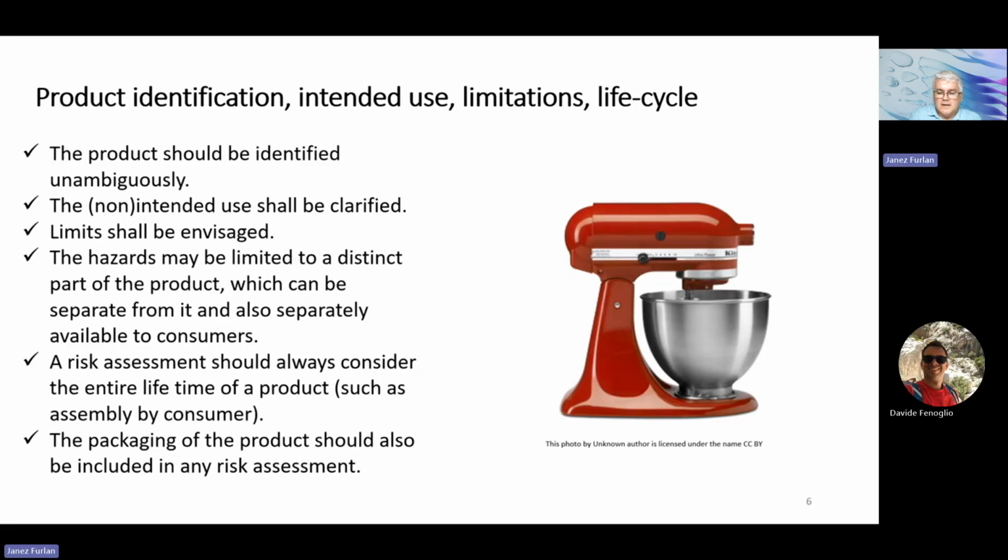We also need to take into account all the life cycles of the product. The risk assessment should take into account things like assembly of the product, especially if it is done by a consumer, its maintenance, repairs, and also disassembly, or the so-called end of life cycle, which is usually connected with environmental issues.